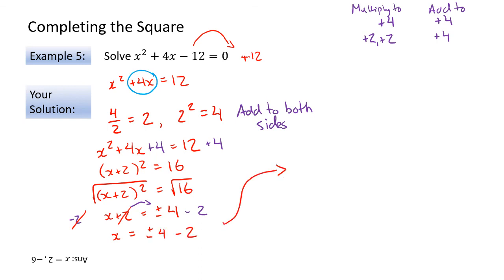So it can either be that x is equal to positive 4 minus 2, or x is equal to negative 4 minus 2. In the first case, that's 2, and in the second case, it's negative 6. So your two options here are either x equals 2 or x equals negative 6. Remember, when we solve for this, those are actually the x-intercepts.